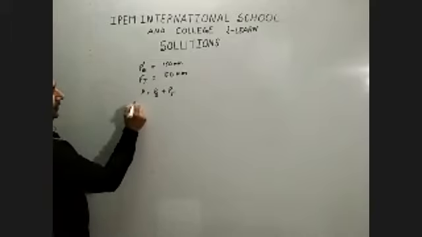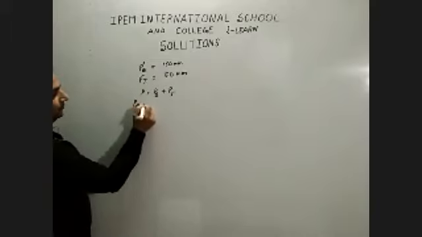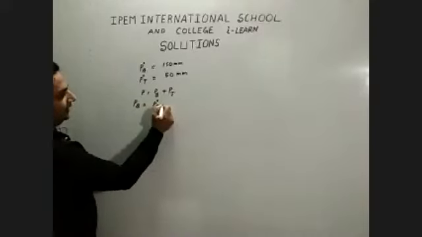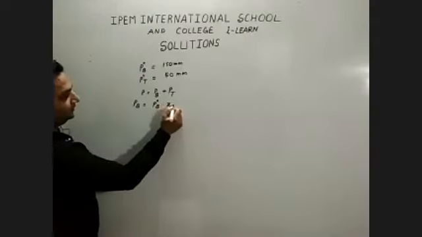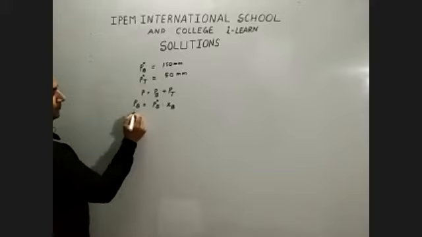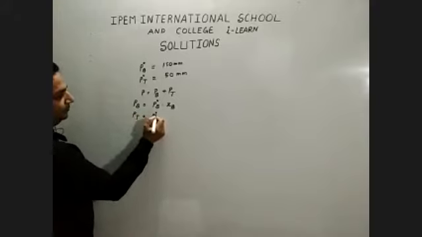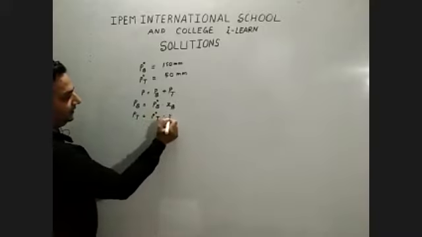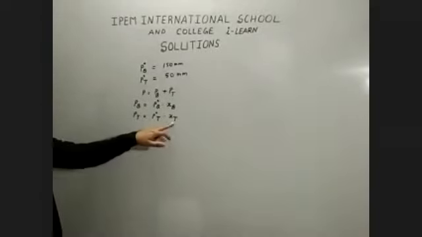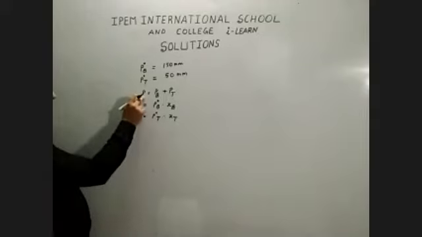Now, the PB formula will become P naught B into mole fraction XB, and PT, that is for toluene, will become P naught T into mole fraction XT.